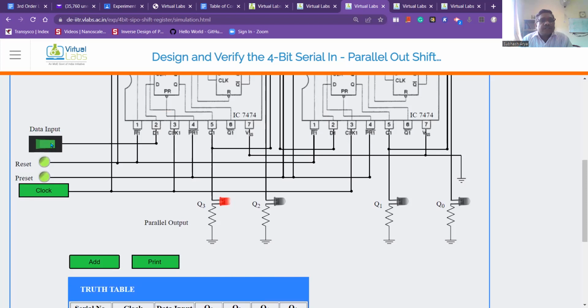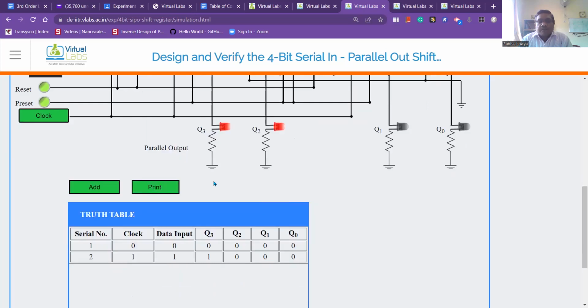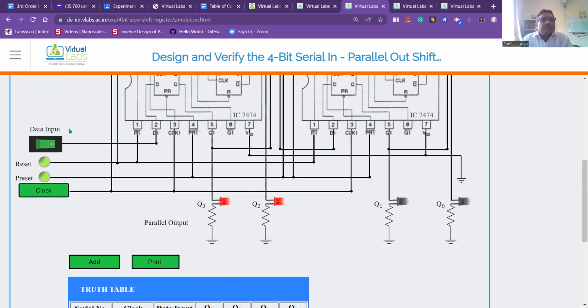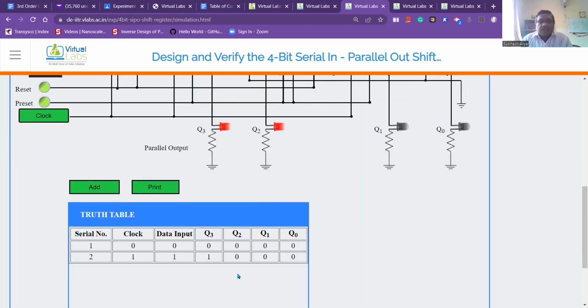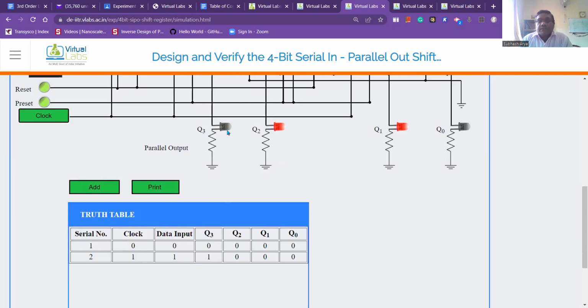I'm not changing it. Again a clock, and you see the 1 which was available at Q3 shifted to Q2, Q2 had 0 which shifted to Q1, and Q1 had 0 which shifted to Q0. Q3 has 1 because we are giving the input 1. After that I want to put 0, so data is 0, next clock pulse. You can see Q3 is now 0, Q2 is 1, Q1 is 1, Q0 is 0.